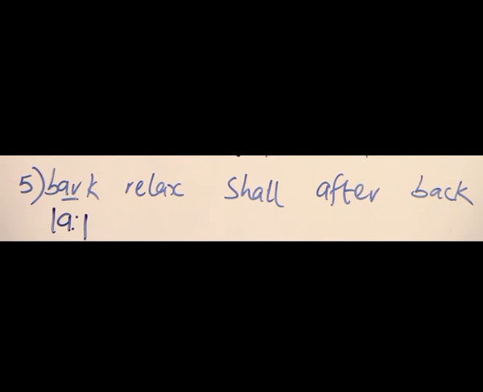Question number 5. What is our answer? Now, what is the sound we have in the word bark? B-A-R-K, bark. That is vowel number 5. Remember, we said earlier on that AR in monosyllabic words will likely be vowel number 5.